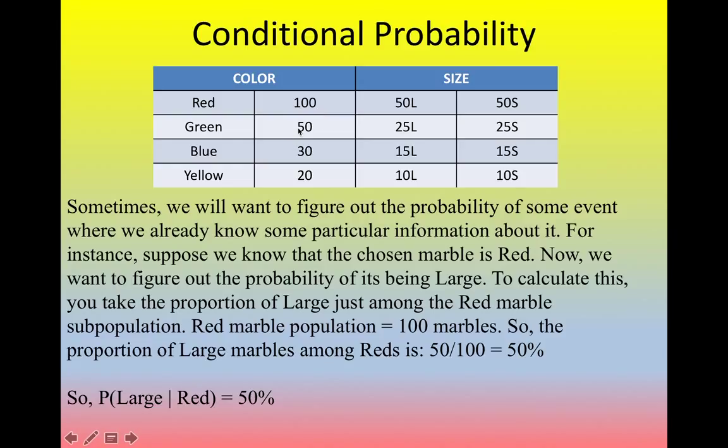If you know that a red marble has been pulled, you don't care about green, blue, or yellow marbles anymore. You know that one of these 100 marbles has been pulled if you are being told that a red marble has been pulled. So the probability of it being large, given that it's red, is 50 large marbles among this subpopulation of red marbles, which is 50 over 100, or 50%.